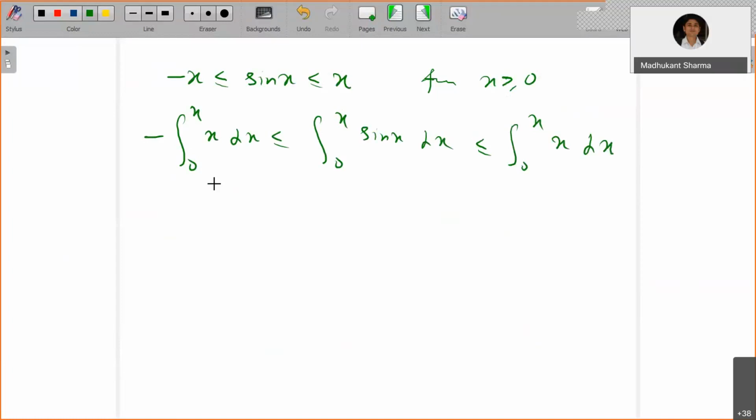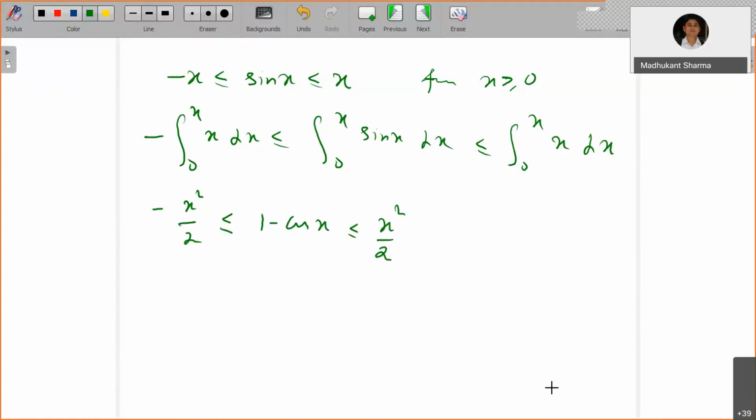I'm again integrating. So what you will get is minus x square by 2 is less than equals to integration of sine, which is minus cos x minus 0, and with minus sign, so 1 minus cos x less than equals to x square by 2.